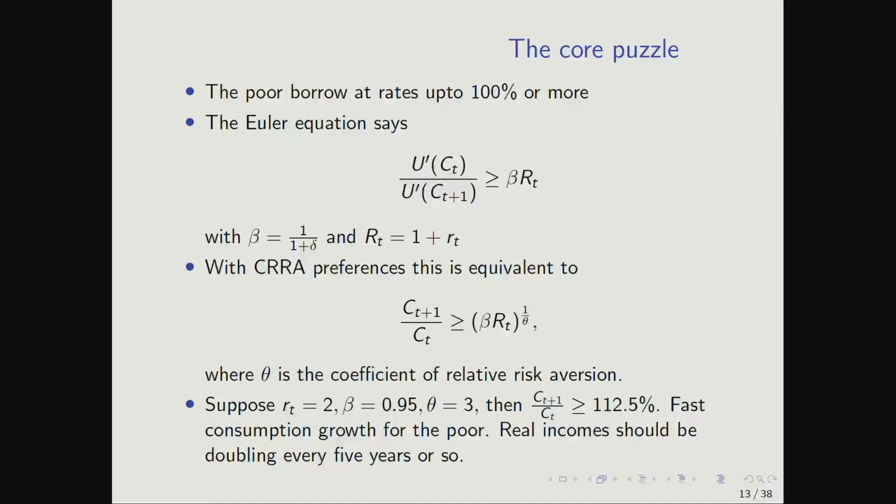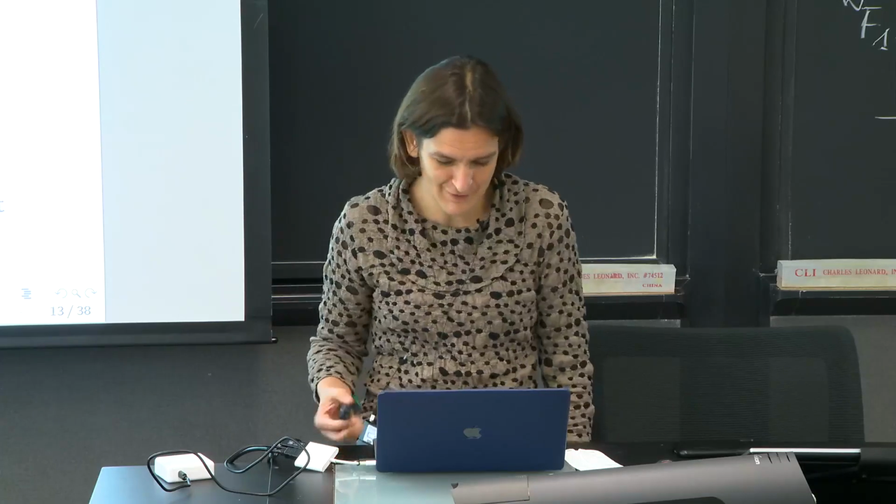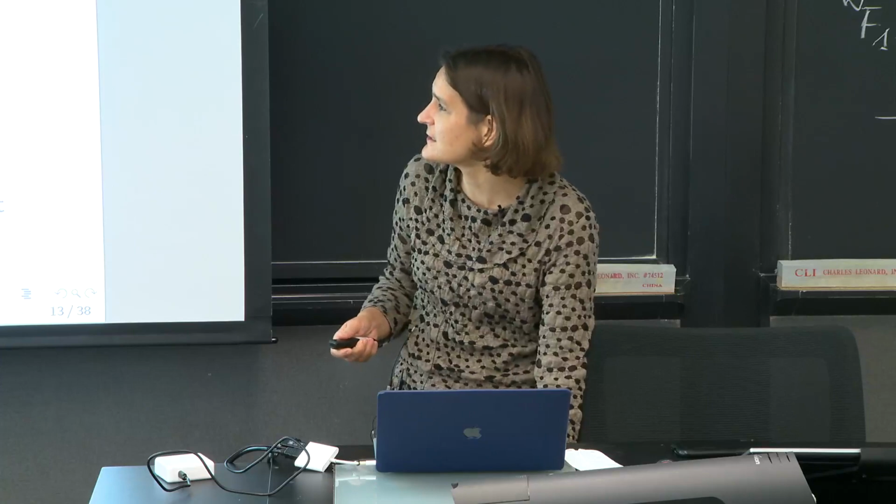The reason why I don't want to spend too much time on that is that I want to go back to our core puzzle, which is that households should save. They don't save that much. In fact, not only do they not save that much, but they borrow at very high rates. And when they can borrow, so borrowing is difficult, but they borrow at very high rates.